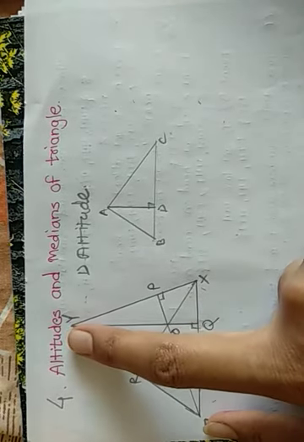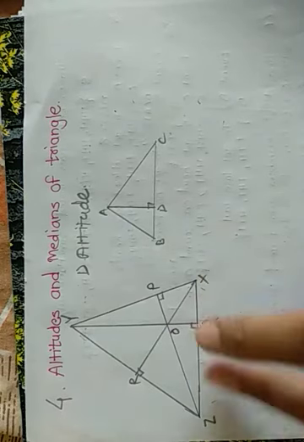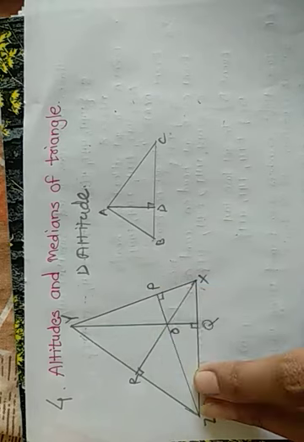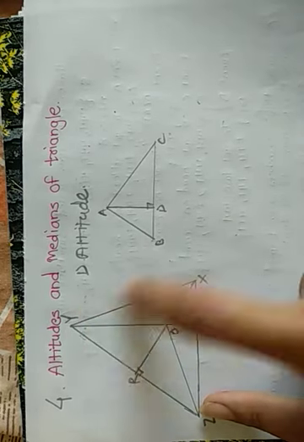Here segment YQ is the altitude on the base XZ, and ZP is the altitude on the base YX.